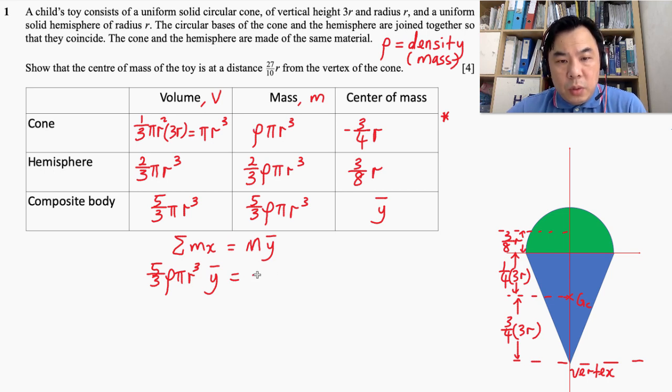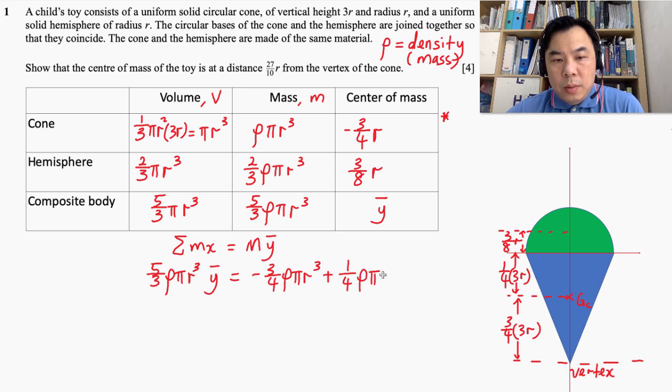And the first one will be negative 3 over 4, and then the second one will be like, in this case it's quite obvious, a quarter. Did I get it right? Is it a quarter?